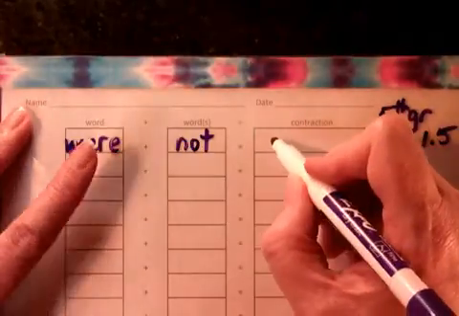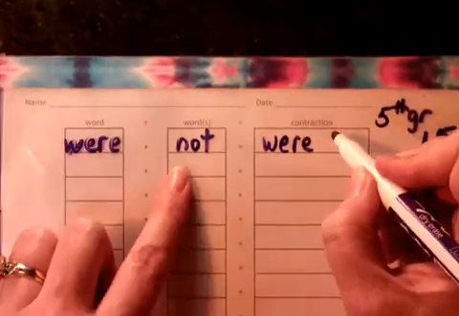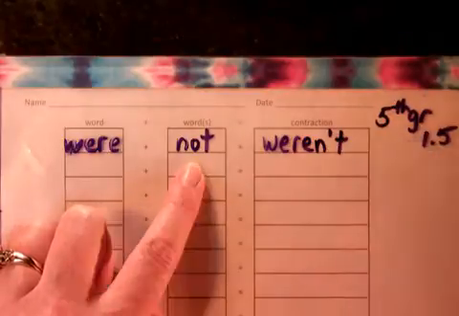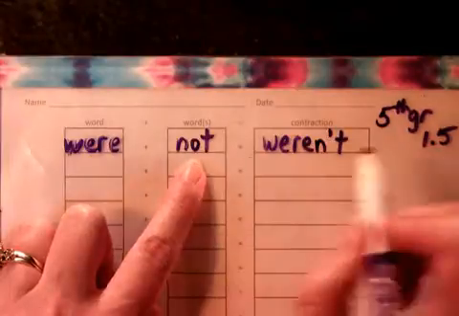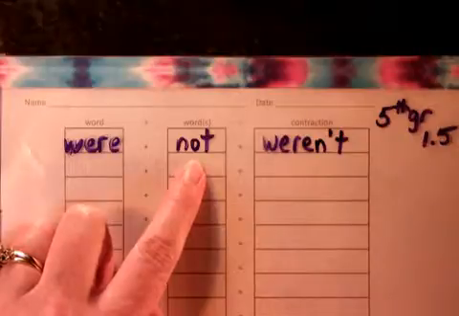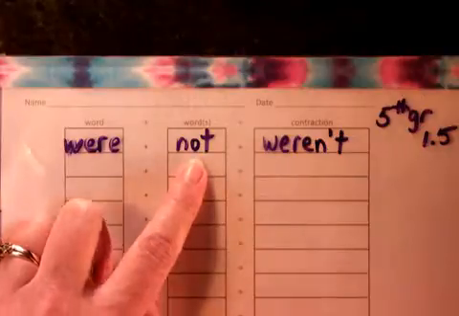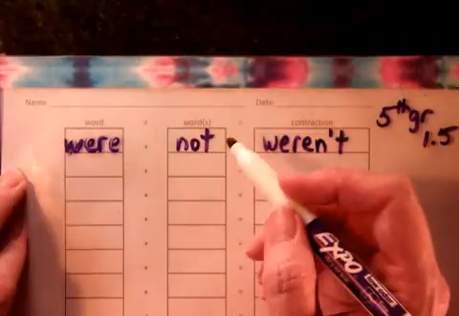So we put all of the first word, then we put the N, an apostrophe, and T. So apostrophe means part of the word is missing, and the only part missing out of not is the O. That's going to be true for all of the contractions that have not. Instead of the O, we'll put an apostrophe.